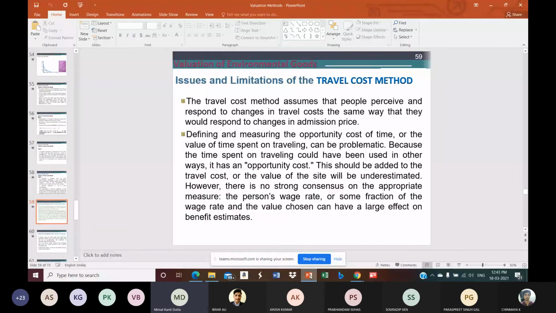If it is a smaller one, again that will have an impact on the benefit estimates. So obviously, it depends. If we take into account the wage rate in full, then its impact will be different from a fraction of the wage rate, which is considered to be the proxy for the time travel for these sites. So depending upon this choice, the benefits will be varying considerably.